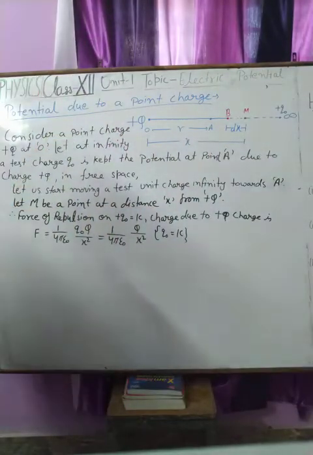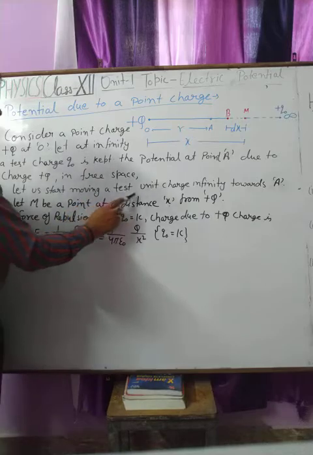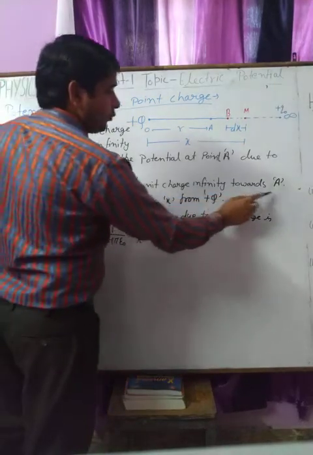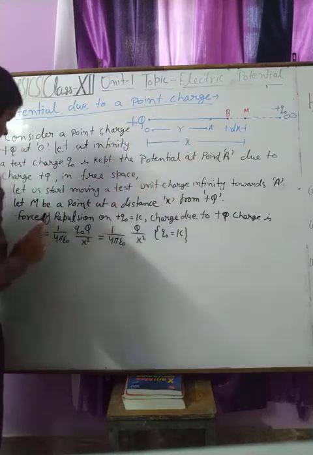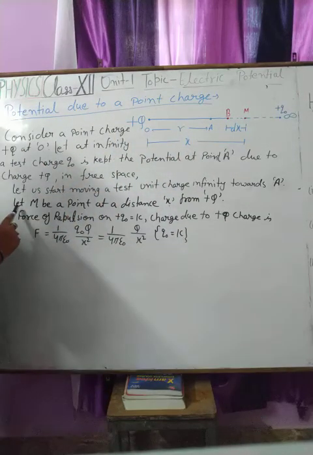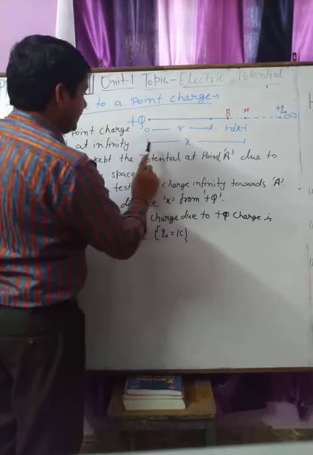Okay, now let us start moving a unit test charge from infinity towards point A, which is at r distance from charge q. Now let M be a point at a distance x from charge q.